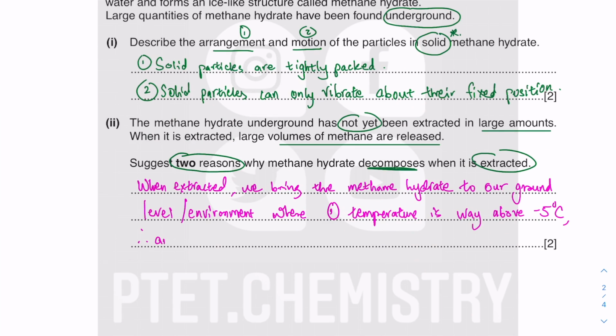Therefore, any ice would melt. And then number 2, pressure is not 26 atmospheric pressure, meaning very high pressure.